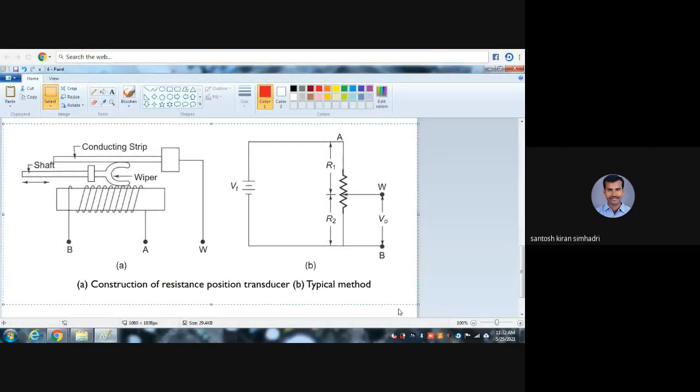Yes, this is called the resistance position transducer. One wiper is there, and that wiper is connected with a shaft.